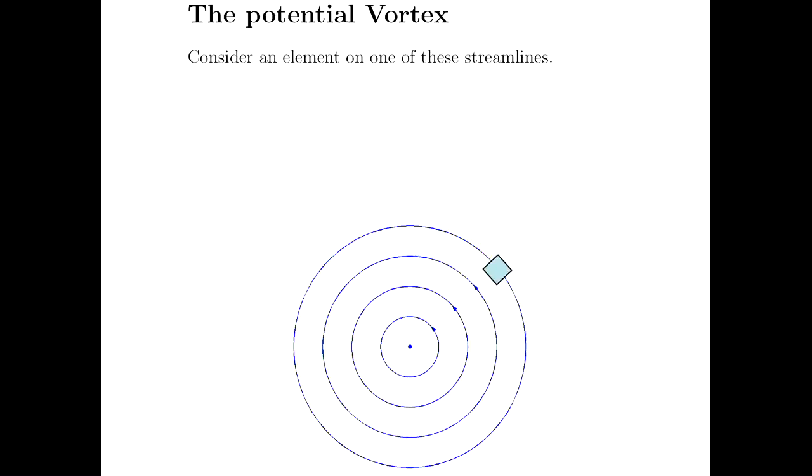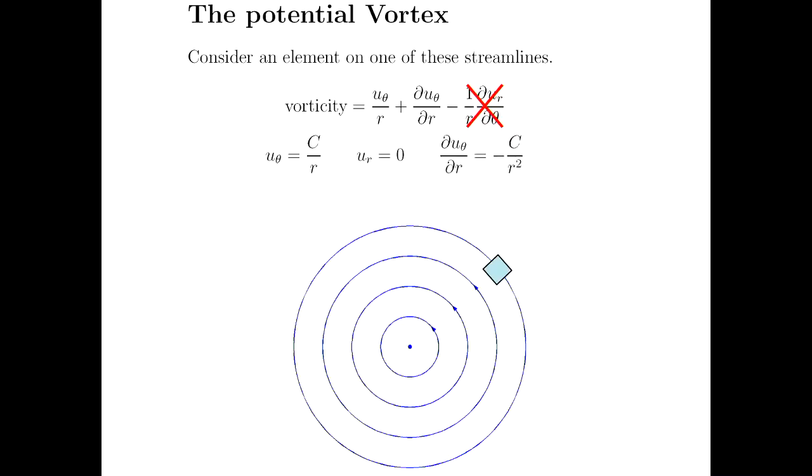Now, if I consider an element on one of these streamlines, I can then calculate what the vorticity is on one of the streamlines. This is the equation for vorticity in cylindrical polar coordinates. Remember, u_r is equal to 0, so my last term just cancels out. And u_theta is defined as a constant c divided by r.